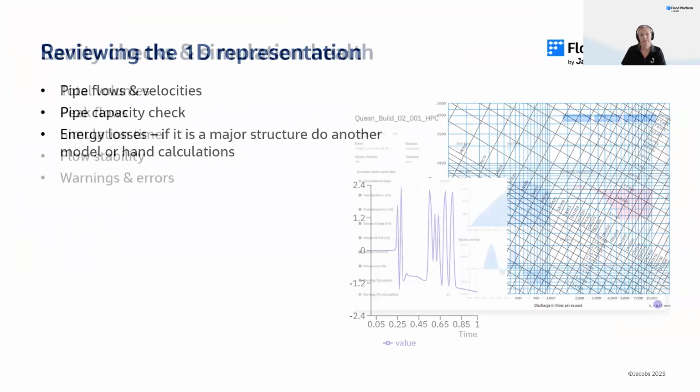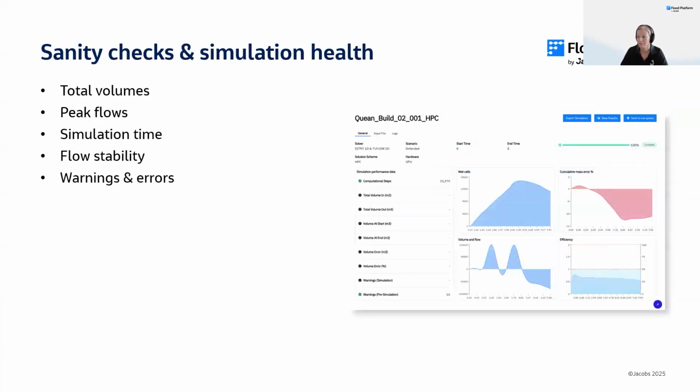Okay, so I did say the last thing to do is the simulation health, because this model looks stable. It looks lovely when you do the simulation health checks, but we already know there's a whole lot of problems. The other thing you want to do is have a look at the total volumes, particularly if you're using direct rainfall, rain on mesh. What you can do is have a look at the total volume that's coming into your model, minus any initial values or boundary conditions that you've got.